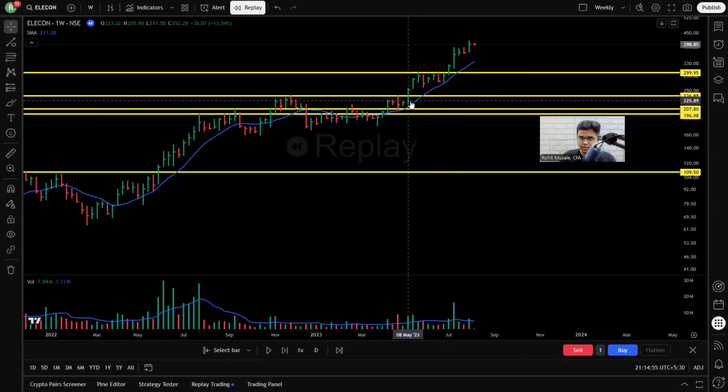Okay, so base 2C and base number 3 are no-brainer bases, which means there is a very high likelihood that these bases will work out. It is base 2C, it is not 2A, which means you already know that the stock has taken enough time to form that base, which means the probability of a quick breakout reaching the target is very high. And what about base 3?